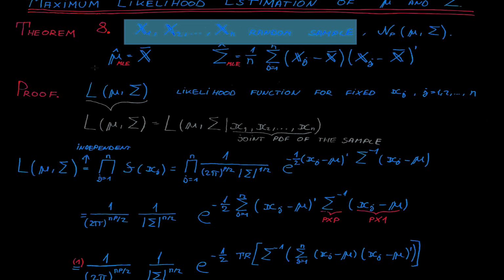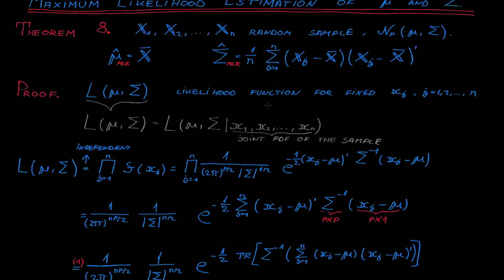It maybe is not a random sample. In this case, because this is a random sample, all of these vectors are mutually independent.